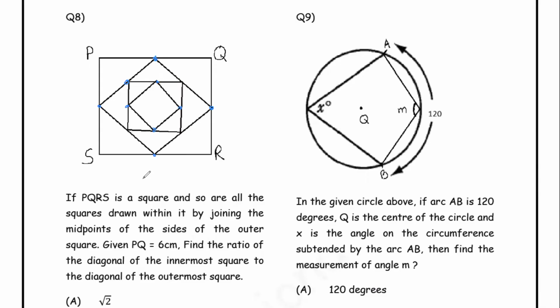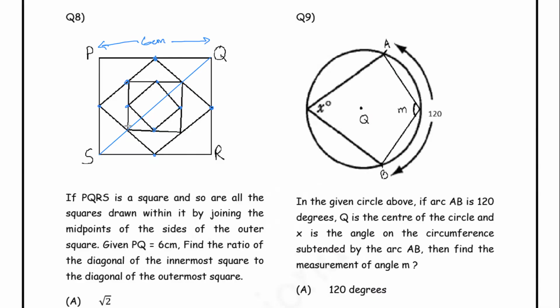Given PQ is 6 centimeters, find the ratio of the diagonal of the innermost square to the diagonal of the outermost square. So this is a fairly easy question. We know that if 6 is the side of the outer square, then the diagonal will be 6 root 2.